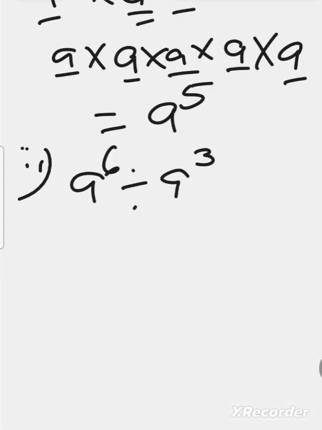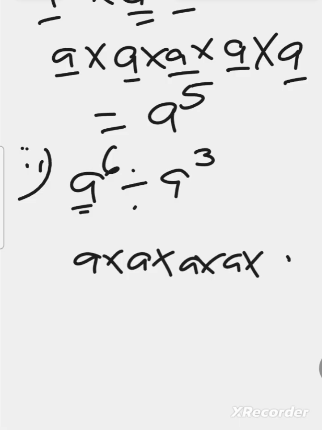When we talk of division, there are two ways we can do this. The first one is a multiplied by a multiplied by a multiplied by a multiplied by a multiplied by a.